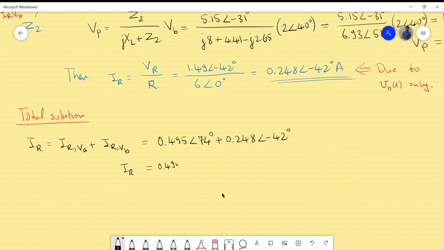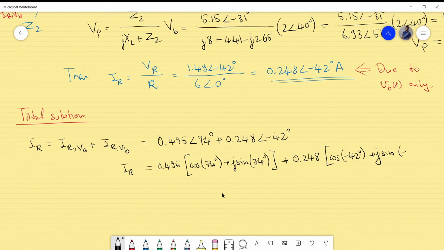So if I now do that, what you do is very straightforward. You will take again the same formula. You will have the amplitude, so for the first one, times cosine of the phase plus j sine of that phase, and then plus the second amplitude, 0.248, times cosine, excuse me, of minus 42 degrees, plus j sine of minus 42 degrees.